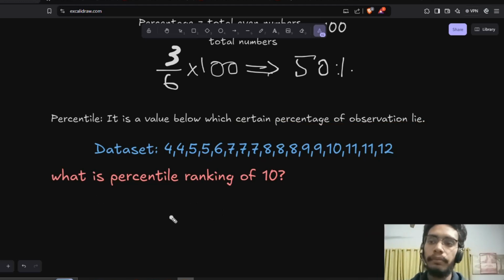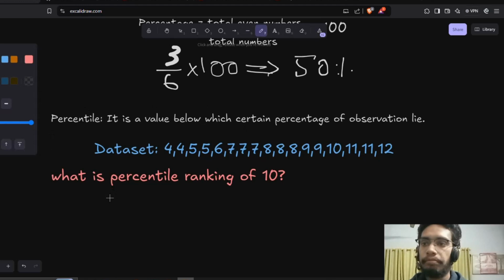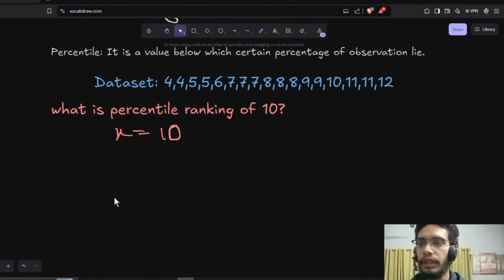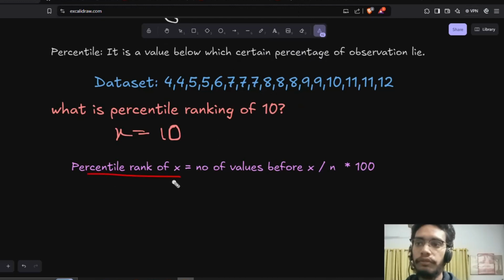How can I calculate the percentile ranking if I've been given a number? It's very easy. Let's just say x is equal to 10, right? So the given number is 10 and I just assume it as x. What I'm going to do here is write the formula. Okay, so this is the formula.